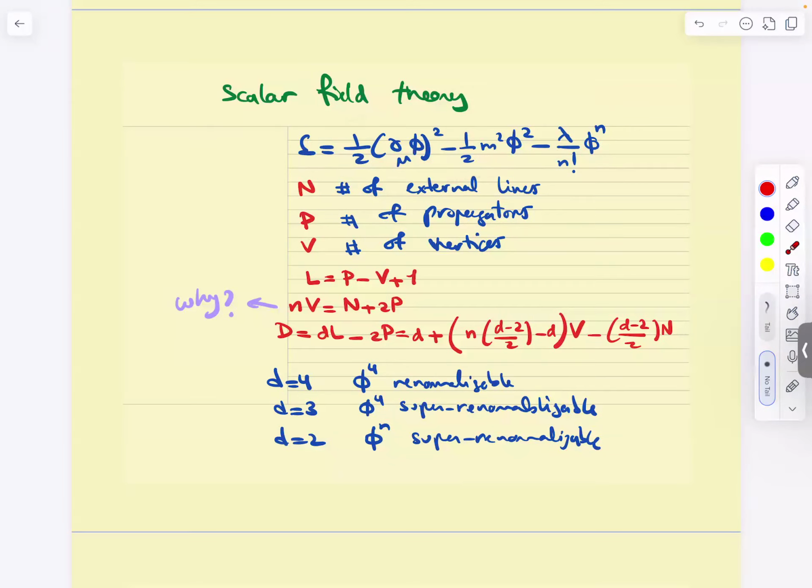So for a theory like this, there will be Feynman diagrams, and we're going to call the number of external lines capital N, because there's only one type. P is the number of propagators, and V is the number of vertices.